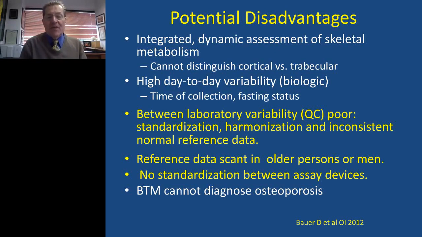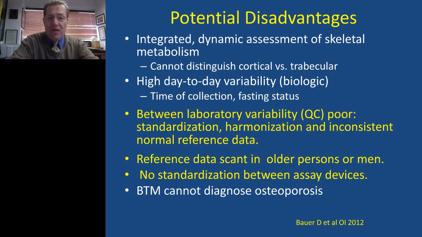Some potential disadvantages, these are slides from my good friend and colleague at UCSF, Dr. Doug Bauer. Again, they cannot distinguish whether it's coming from cortical versus trabecular bone. There are some markers that require that they are collected fasting before 10 o'clock in the morning, and that's particularly true of the bone resorption marker, the C-telopeptide.